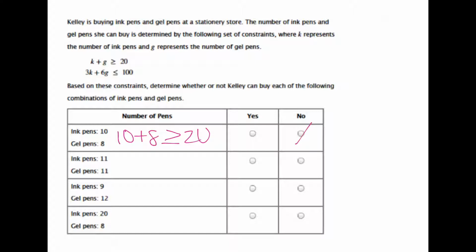Well, that fails automatically, so no. Then the next one, 11 and 11, yes, that passes the first test. And then 3 times 11 is 33, plus 66 is 99. Is that less than or equal to 100? It passes both, so this is a yes.